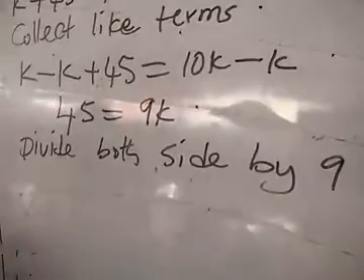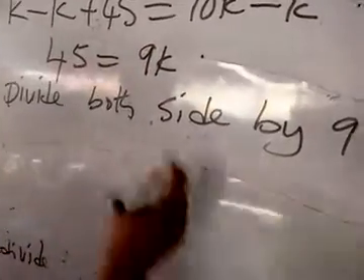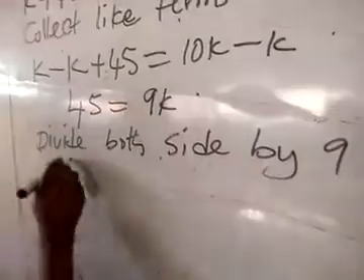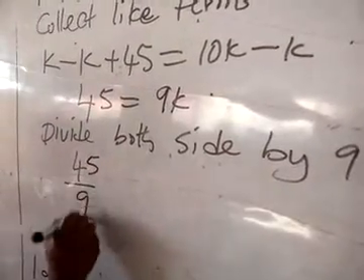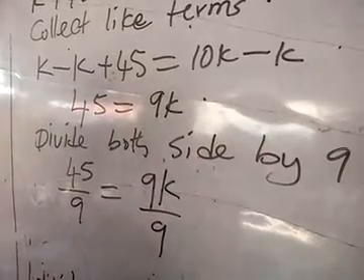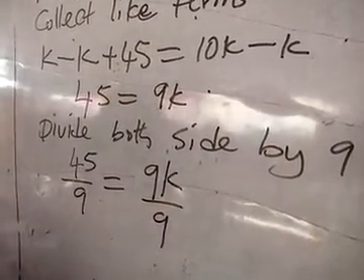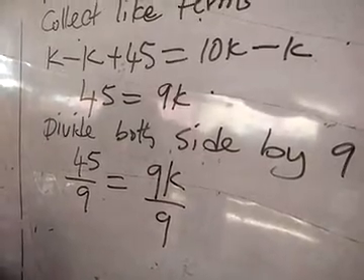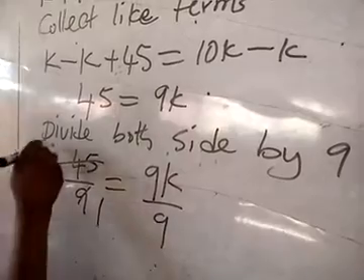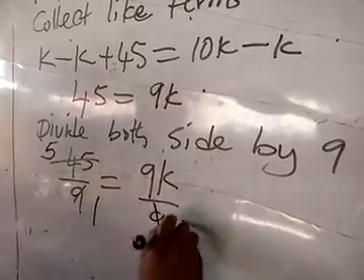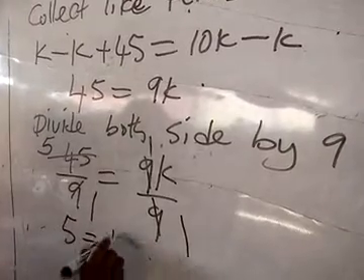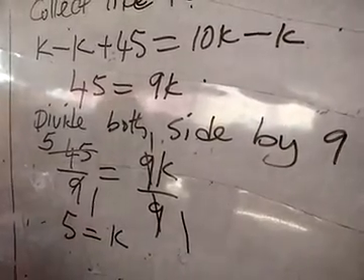So to divide both sides by 9, why are we dividing both sides by 9? Because we are only looking for k, we are not looking for 9k. So you have 45 over 9 is equals to 9k over 9. 9 divides 45, this will give you 5. 9 cancels 9k, and you have 5 is equals to k.